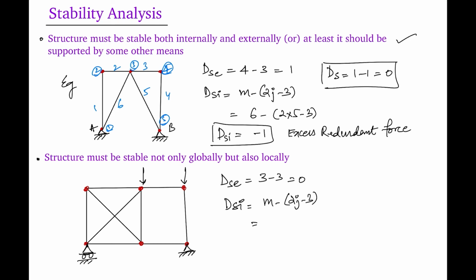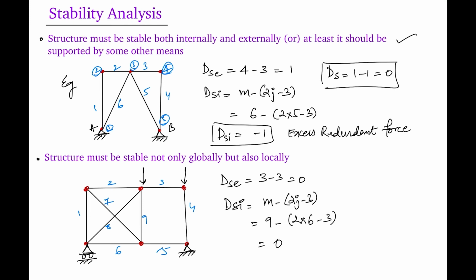The number of members is 1, 2, 3, 4, 5, 6, 7, 8, and 9. And the number of joints are 1, 2, 3, 4, 5, 6. So the number of members 9 minus 2 times the number of joints 6 minus 3.